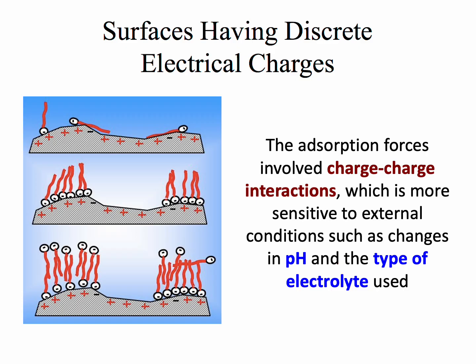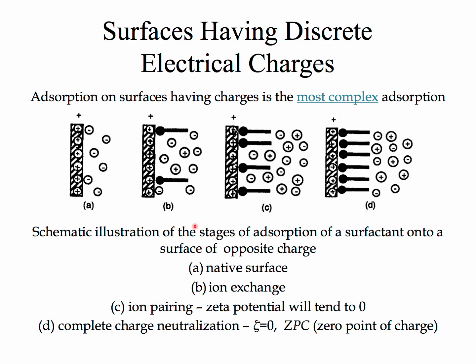Therefore, the adsorption behavior on charged surfaces can vary significantly depending on the surrounding environment. So the key point here is that electrostatic interactions dominate on charged surfaces, leading to stronger, more structured adsorption, but the system is also more sensitive to changes in conditions such as pH and electrolyte composition.